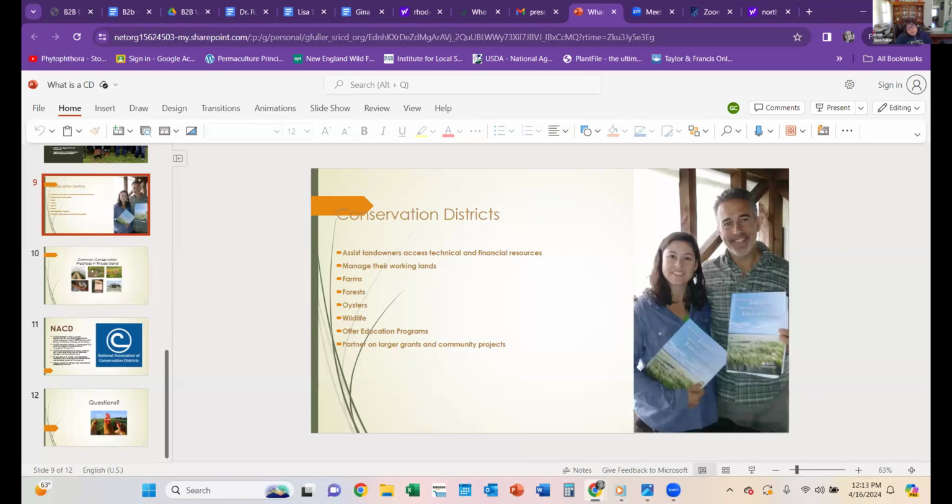Let's see, just as far as other items on this slide, in addition to working with individual property owners, conservation districts can be involved in a lot of other things, like educational programs. We participate with Mystic Aquarium and run a statewide after-school mentoring STEM program for students. We support Westerly's Summer Learning Initiative, which is a full-day camp tied to sustainability in the food system.